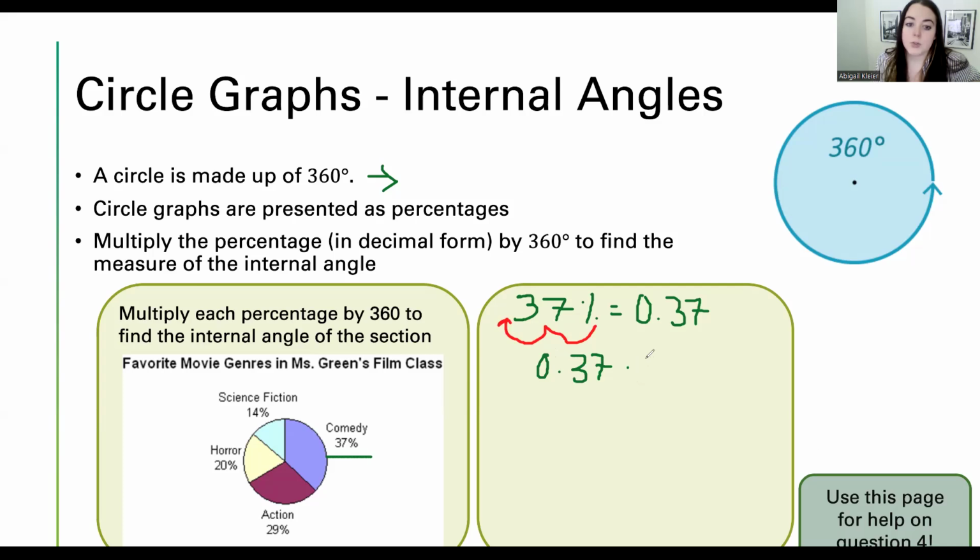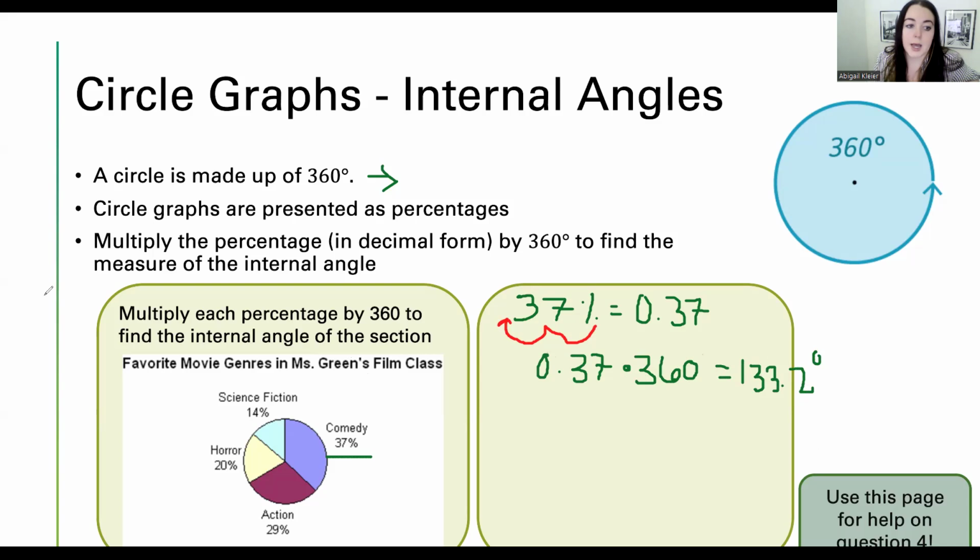We are going to multiply that by 360. So we have 360, I'm using my calculator for this, times 0.37, and that gives the angle of 133.2 degrees.